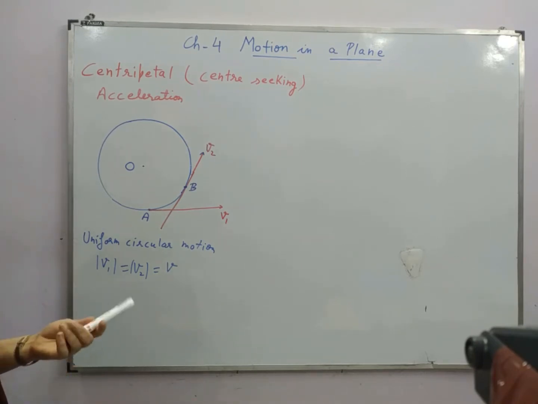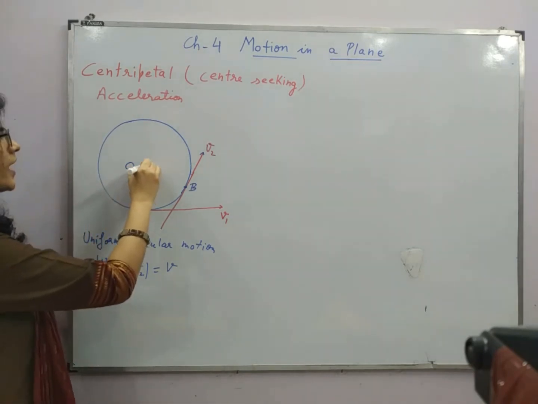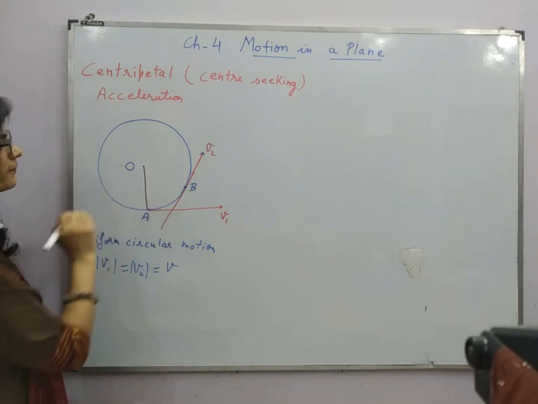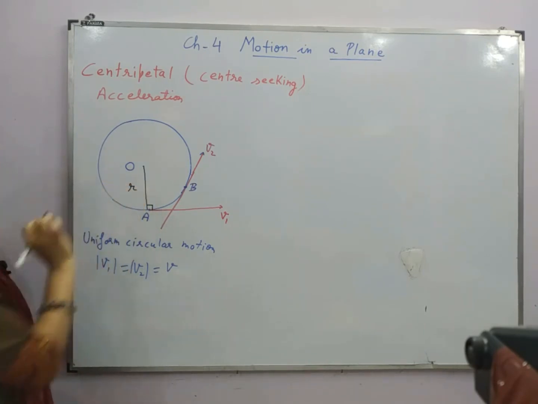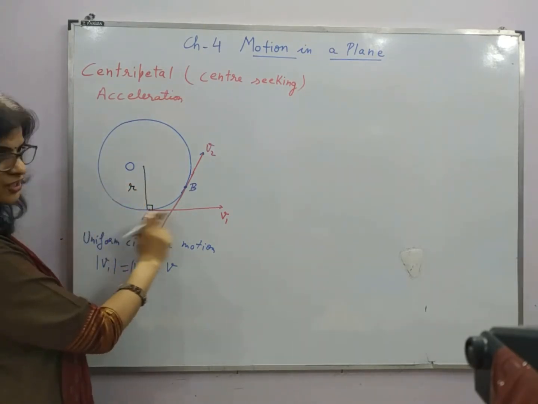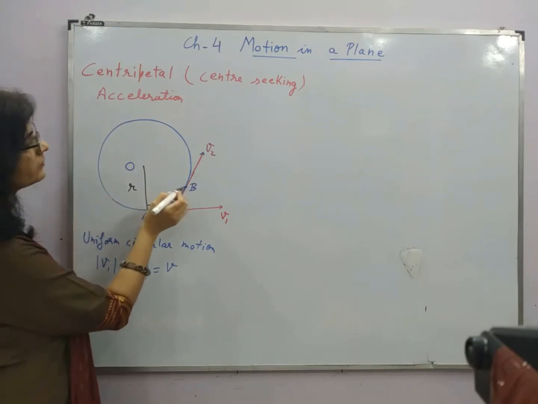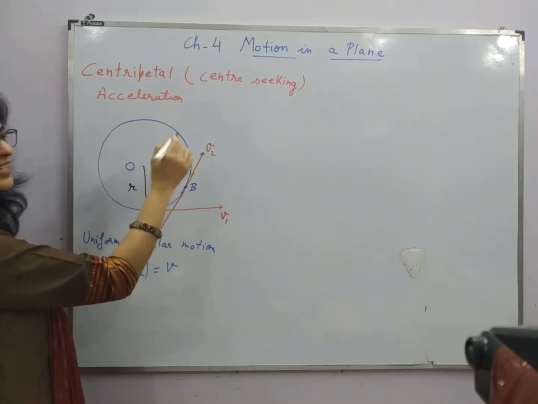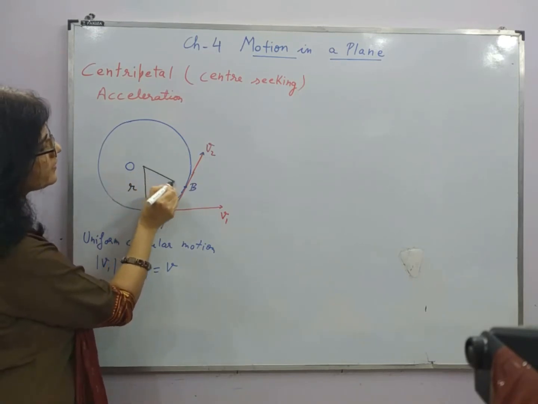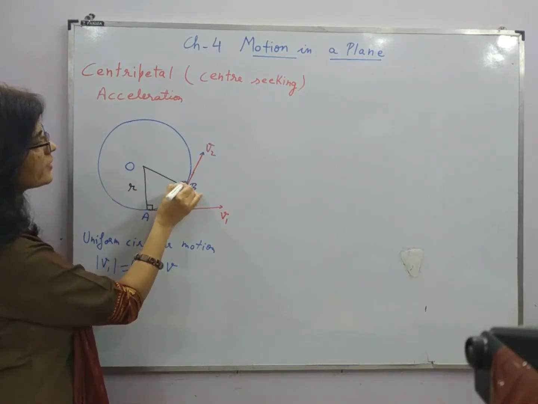Let's take this as radius. Now we know that radius is perpendicular to the tangent. This direction is the tangential direction. At this point also, the direction of velocity is tangential, so the radius will be perpendicular at this point as well.